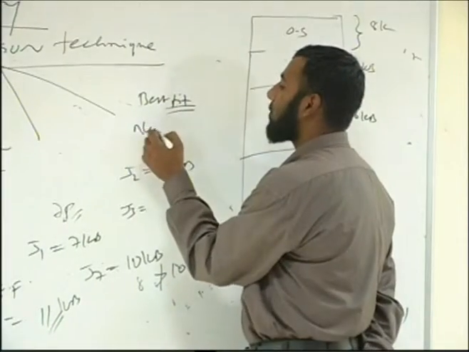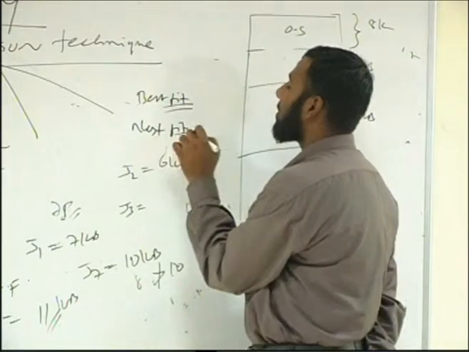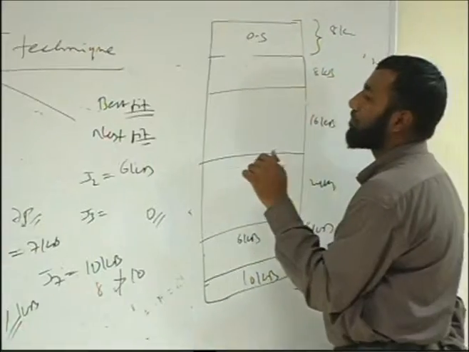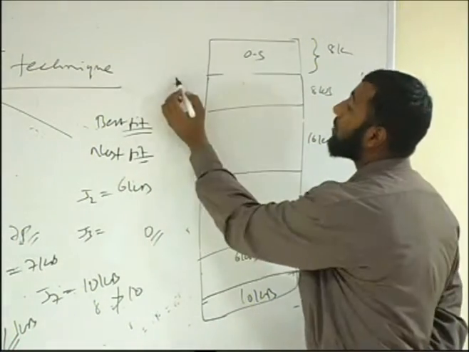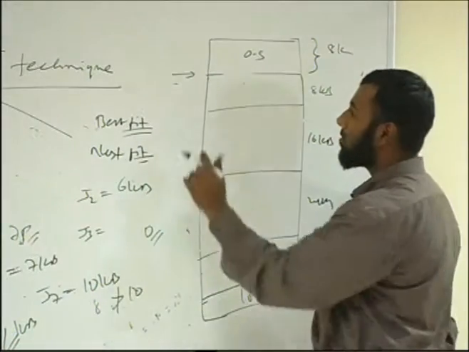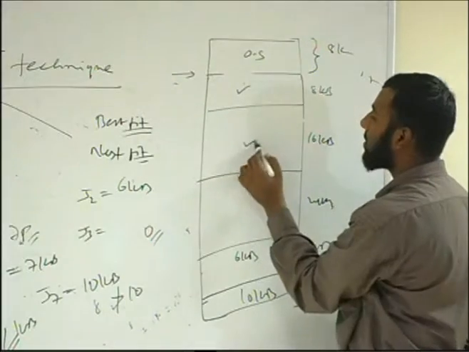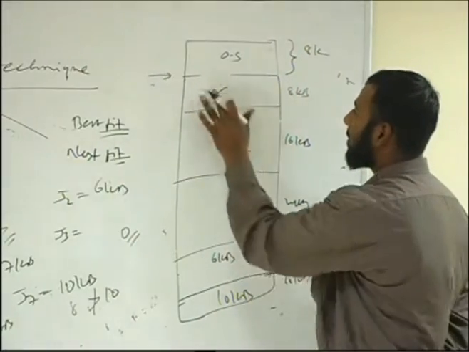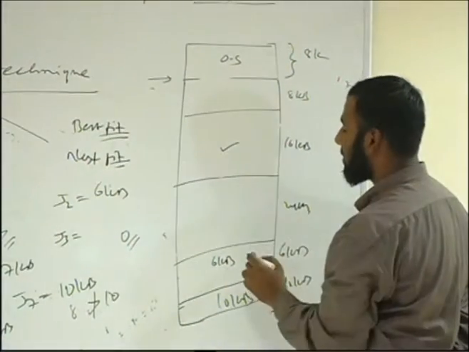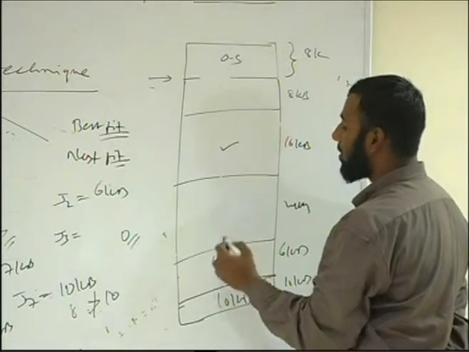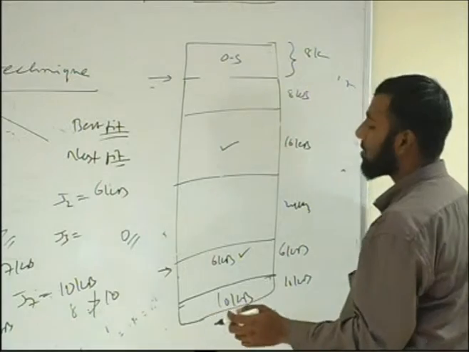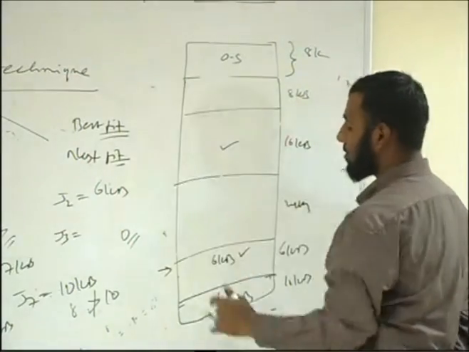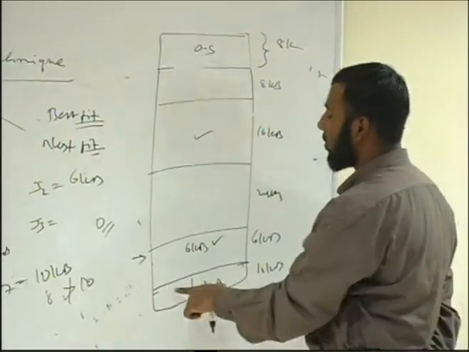Then we will see next fit. What do you mean by next fit? Whenever you do best fit, we start from the beginning of the memory. Assume that this has been allocated, this has been allocated, this has not been allocated, and this has been allocated. Now the last allocated block is here, and I have a process whose size is 8 kilobytes.